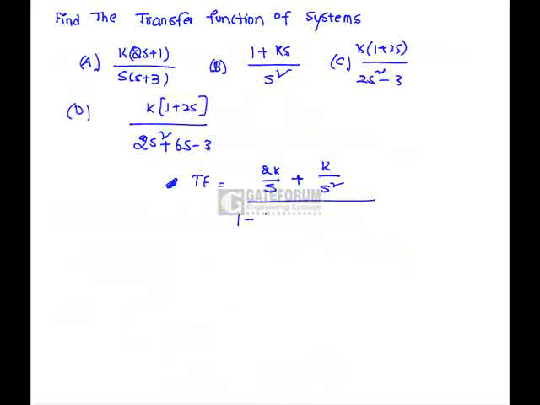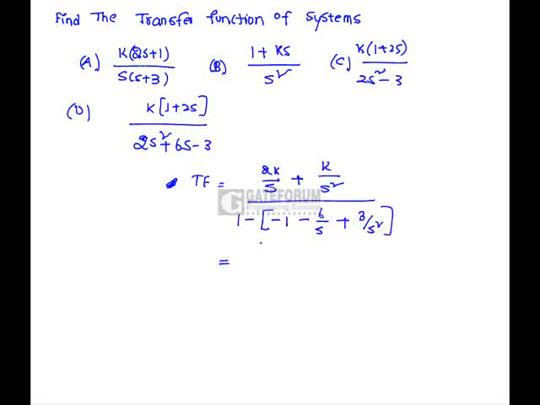and the delta is 1 minus individual loop gains. Individual loop gains are minus 1 and minus 6 by s and plus 3 by s square.